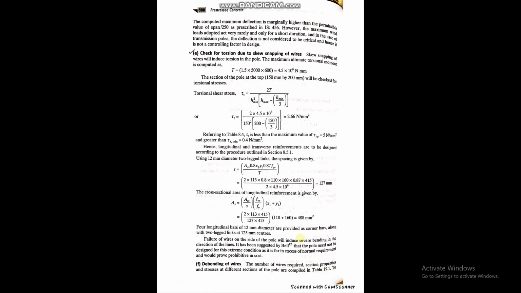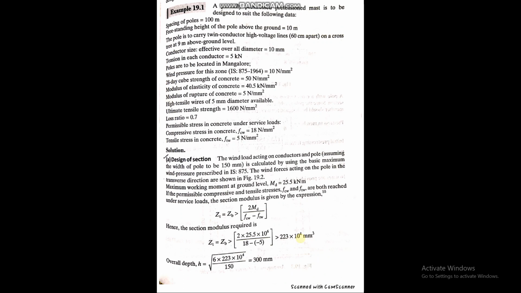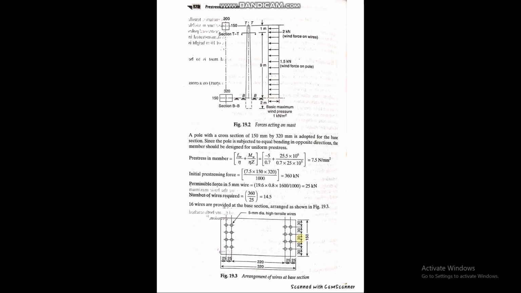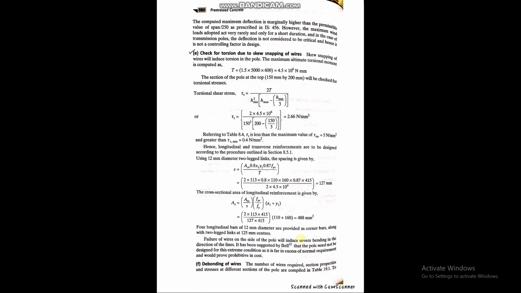All right. So these are some basic steps that you need to do while designing a pre-stressed concrete pole. Just summarizing, we started with calculating the working moments that are coming, and used those moments to design the sections. The moments are primarily due to wind loads, which are present on the exposed face and on the exposed transmission wires. Then we checked for the limit state of collapse and the limit state of cracking.